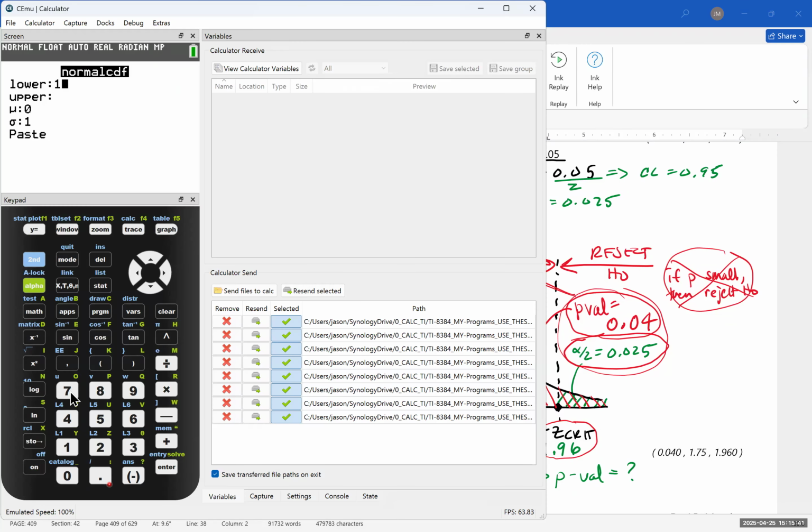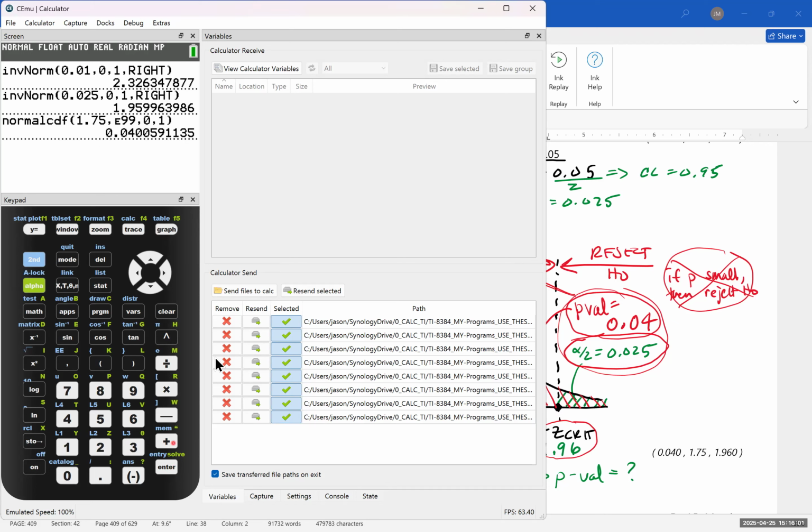The upper bound is infinity, which is going to be E99. We have a mean of 0 and a standard deviation of 1. So I'll go down and hit paste, hit enter, and we get an area of 0.04.